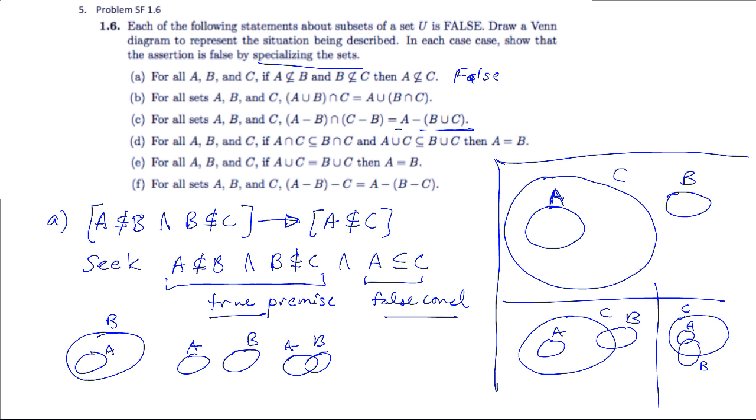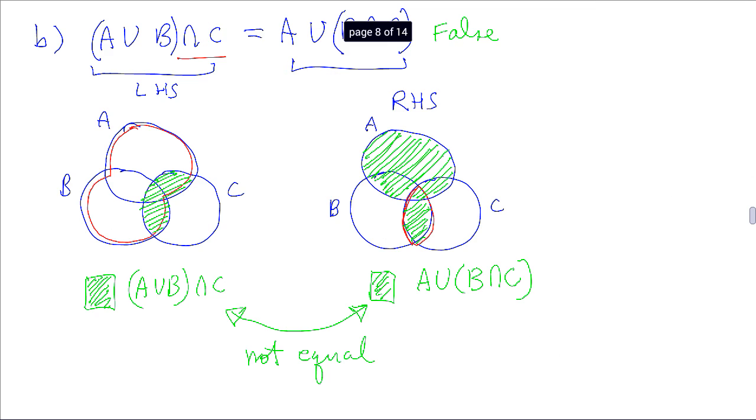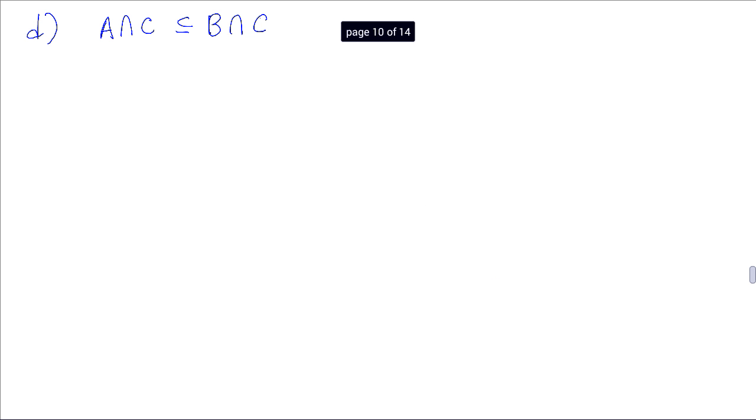And A union C is a subset of B union C, then A is equal to B.